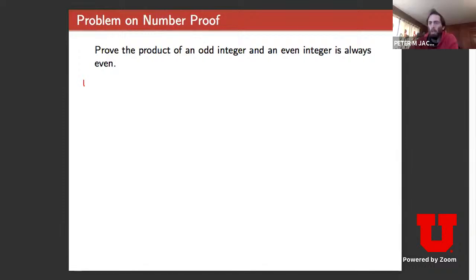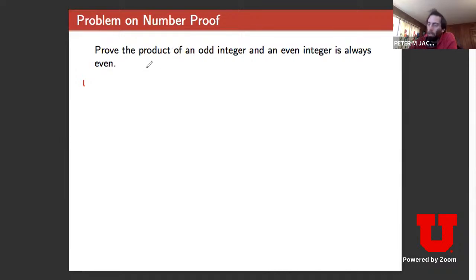All right, so we can get started on this problem. It says that the product of an odd integer and an even integer is always even. So if we want to talk about integers, then we need some integers. So we need to introduce a little bit of notation.